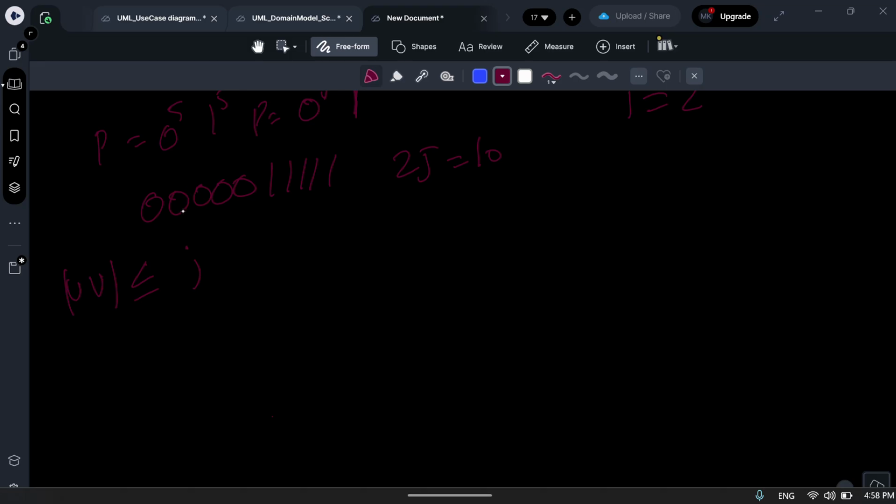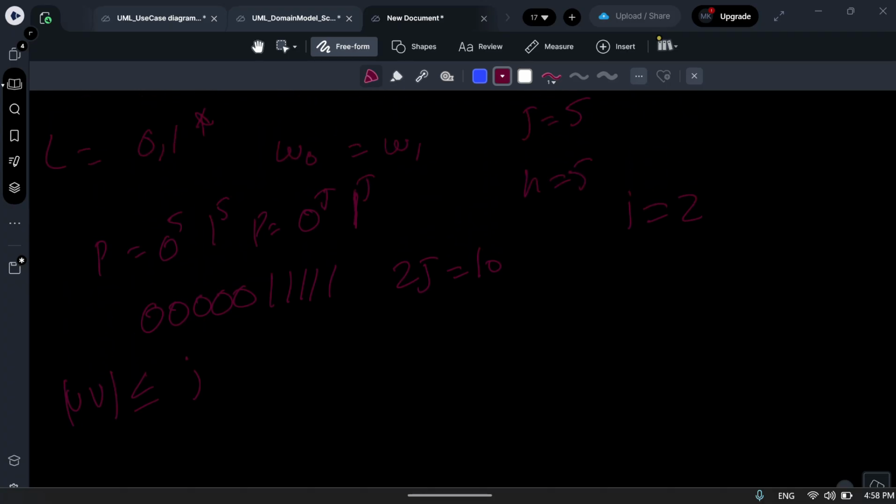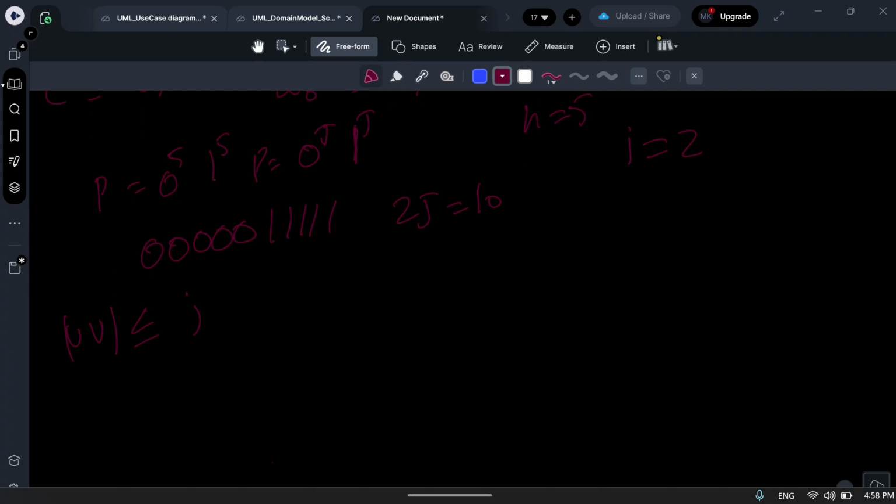And we cleverly choose a word that is in the language, just like this. Looking at the string, the first 5 are all zeros. This means no matter how creatively the opponent slices the string, the pumpable V is guaranteed to consist entirely of zeros.